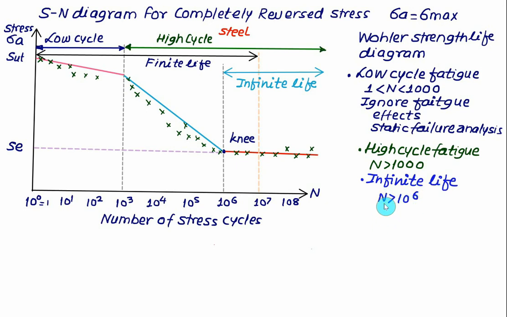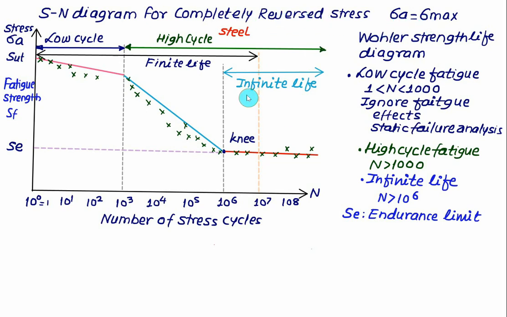The corresponding stress here will be Se, and Se is called the endurance strength. This value of Se, the endurance limit, is much lower compared to Sut. On the y-axis we are plotting the fatigue strength, represented by Sf, which is the same as the amplitude stress, and for completely reversed stress, amplitude stress is the same as the maximum stress.